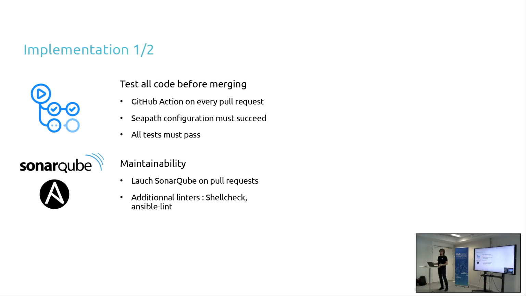Everything is sent to a SEAPATH cluster that is currently here at RTE, and we have another one at our organization, Savoir-faire Linux. The software must be configured correctly, so SEAPATH must be built, and all tests must be launched and passed to ensure that we meet all the requirements.